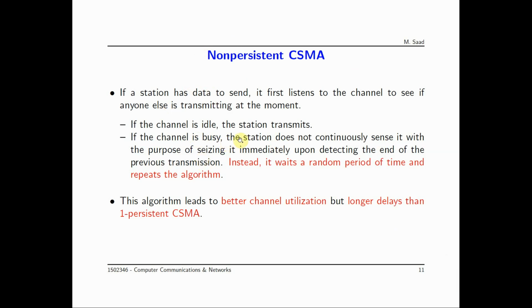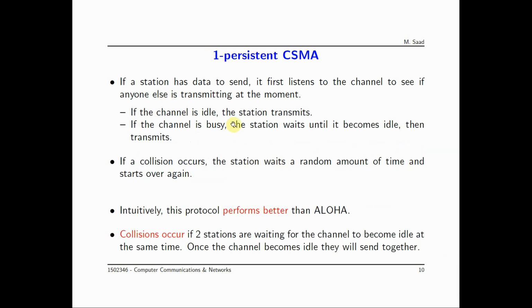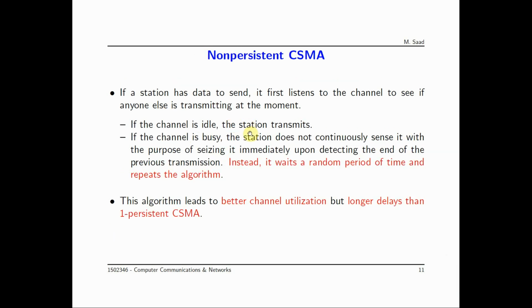Okay, so let's compare this intuitively again versus one persistent carrier sense multiple access. In non-persistent CSMA, the name non-persistent comes from the fact that the stations are not persistent. The stations do not insist on capturing the channel immediately after it becomes idle. No, the stations go away.